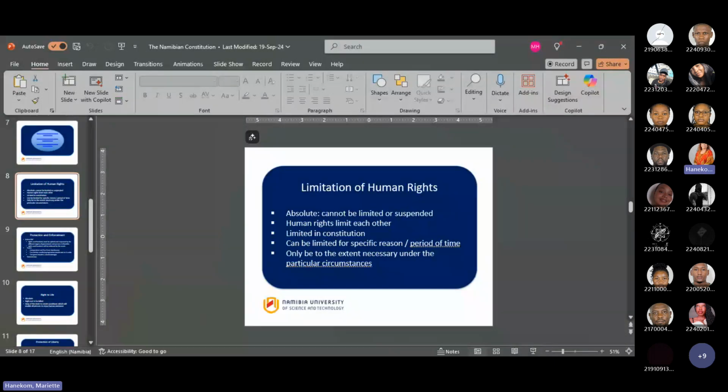Let's just give an example here. Matengo, I'm going to use you here as an example. Part of your right to dignity is your right to a good name.